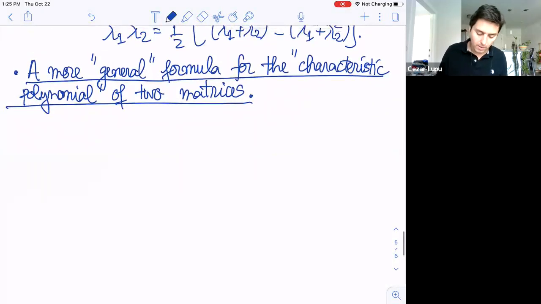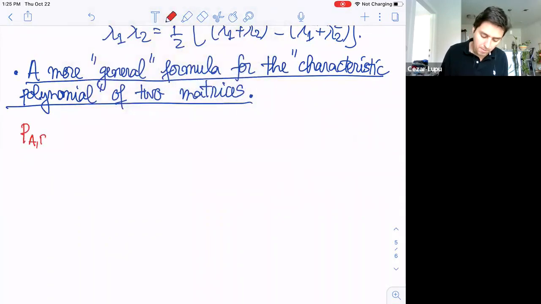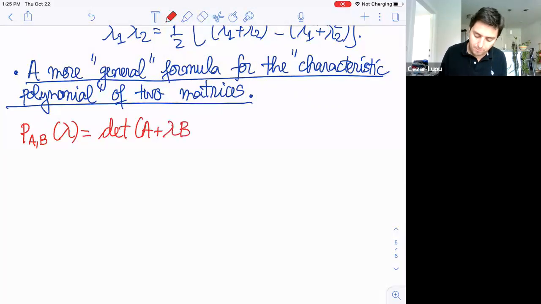For example, we have the following. I'm going to denote it in this way: P of A, B of lambda is the determinant of A plus lambda B. I have two matrices here, A and B, 2 by 2 matrices.